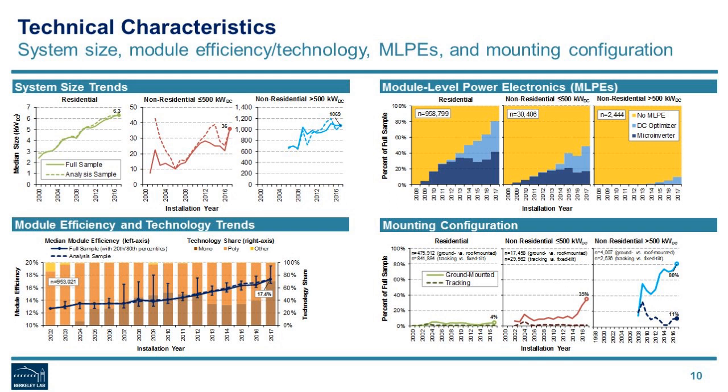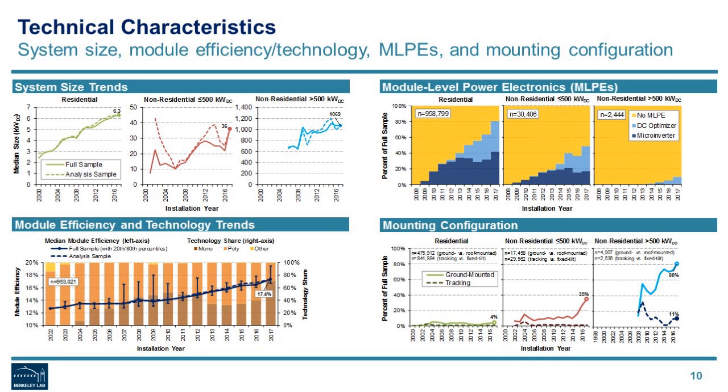But in general, both mono and poly module efficiencies have been growing over time. And these module efficiency trends partly explain the growth in system sizes, at least in space-constrained applications where higher efficiency modules allow for a larger system capacity within a given physical footprint.